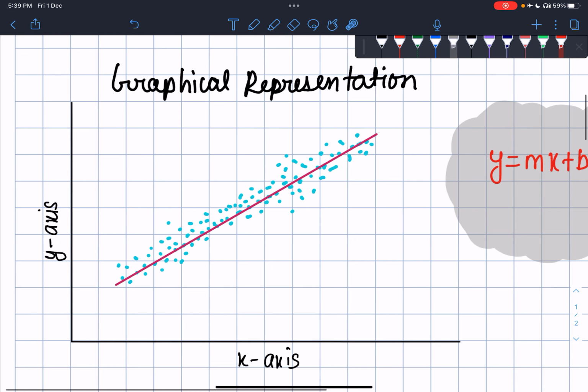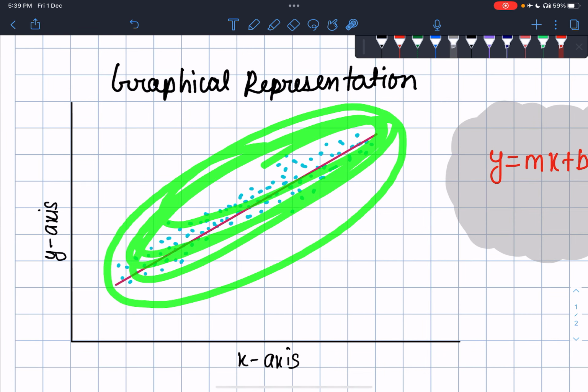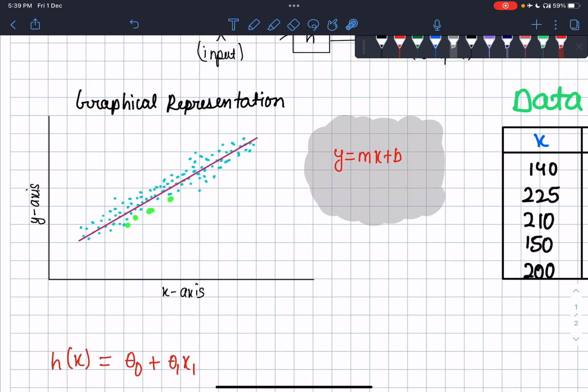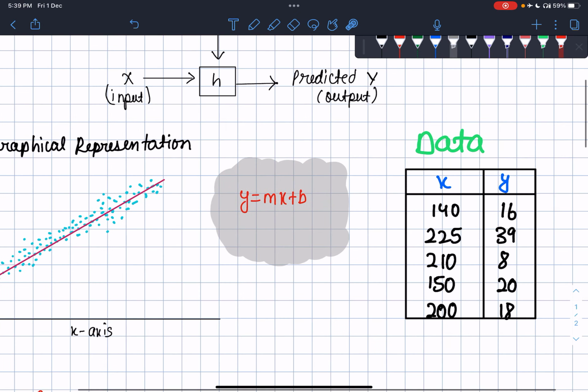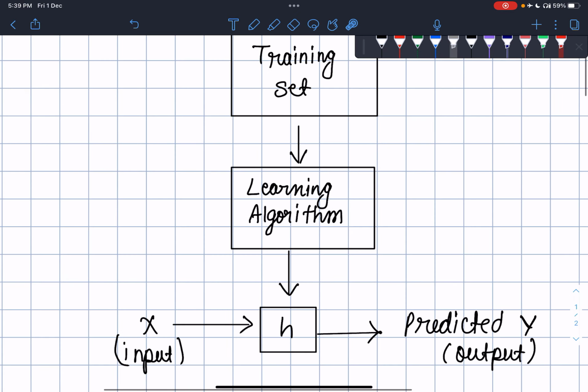This is the visual representation. All these dots are the data, and this line is the predicted value which has been given by the algorithm.